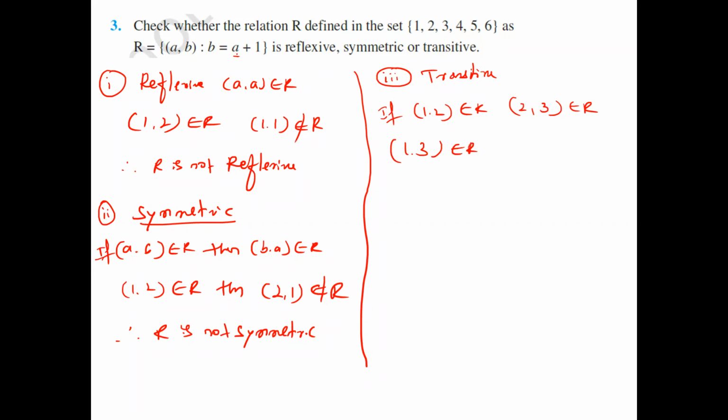When A is 1, the possible B value is 2, so 1 comma 2 is possible, but 1 comma 3 is not possible. Therefore, R is not transitive. Please note down.